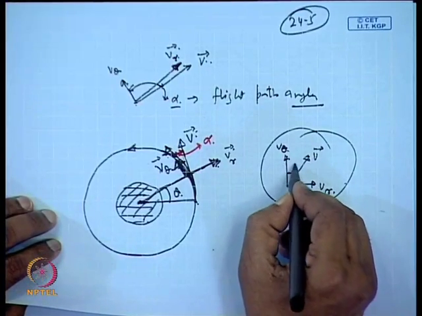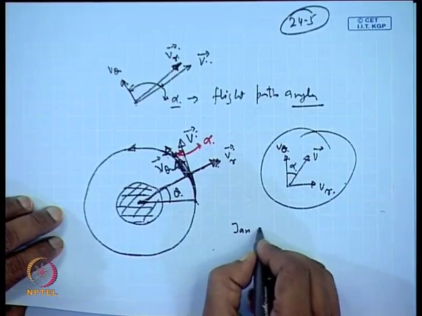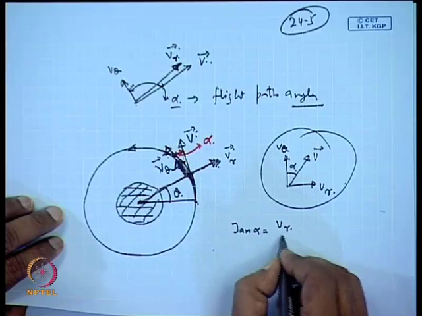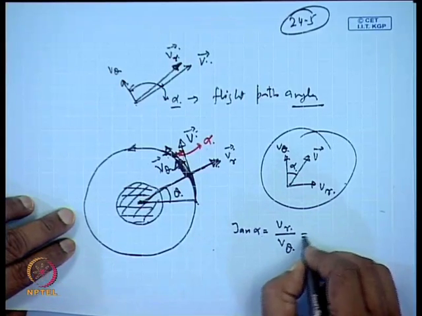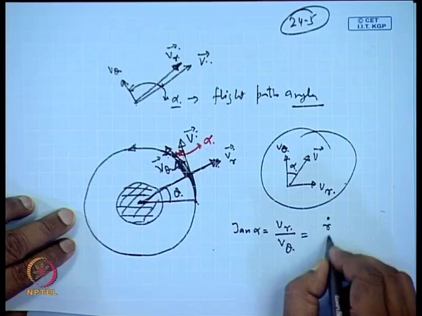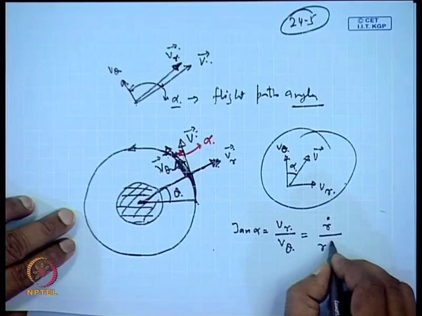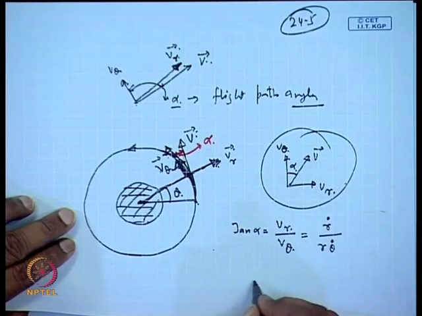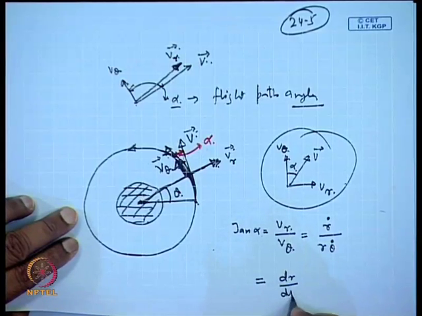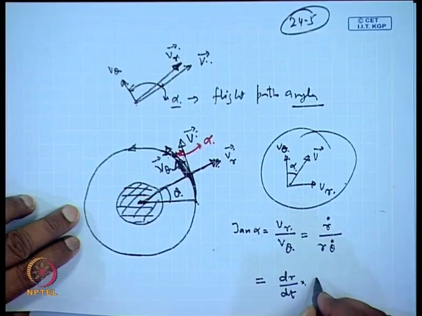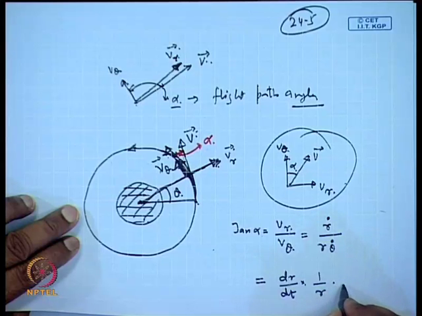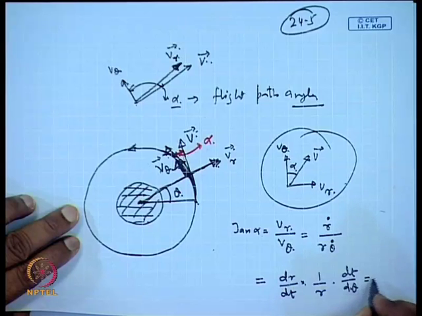This angle we have written as alpha. So, we can write tan alpha equal to V r by V theta, and V r is nothing but r dot, and V theta is nothing but r times theta dot. Therefore, this becomes dr by dt divided by r d theta by dt, which is 1 by r into dr by d theta.